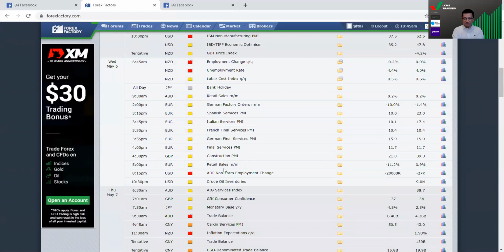On Wednesday evening, we do have the ADP non-farm employment change. So there's a private number of the non-farm numbers. It was minus 27K, expected to be minus 20,000. So a big number expected.